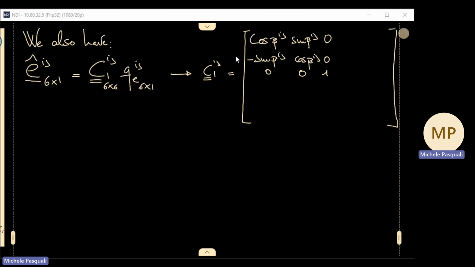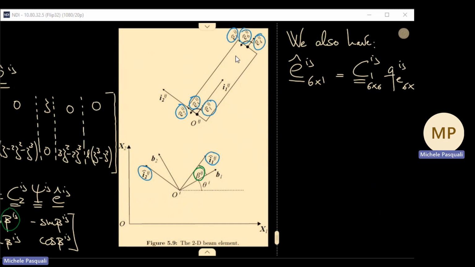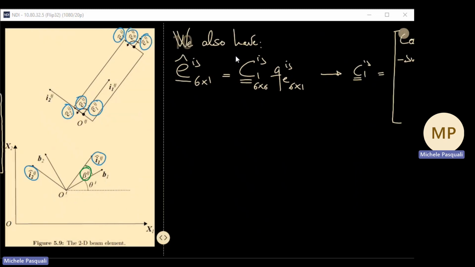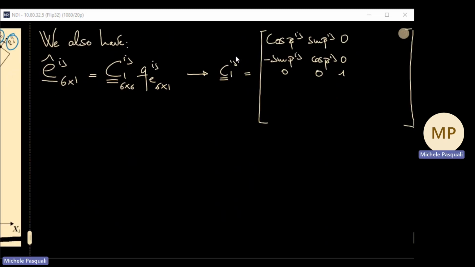Why is it so? It's kind of easy if you think about it. This is a rotation applied over a vector of 3 coordinates associated to the first node. So we have first a translation in the 2 axes, and then a rotation. Of course, the rotation E3 ij overhead stays the same in the 2 coordinate systems, so that's why here we have a 1.